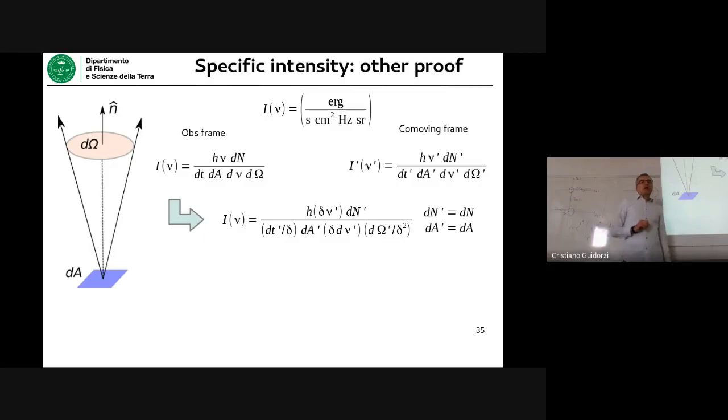dA doesn't change. I remind you that by definition of specific intensity, the surface has to be perpendicular to the direction of motion of the photons. And it is possible to show that this doesn't change. The easiest case in which this is obvious is if you consider that the source is moving exactly in a perpendicular direction to the surface.